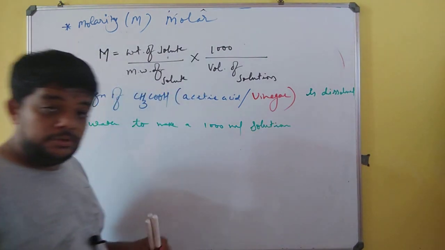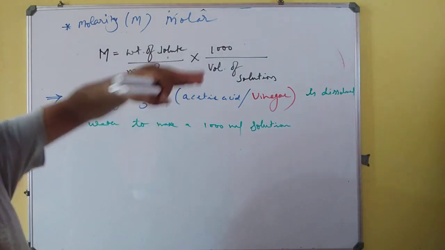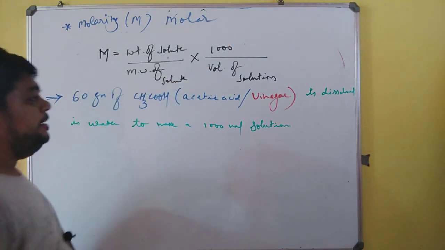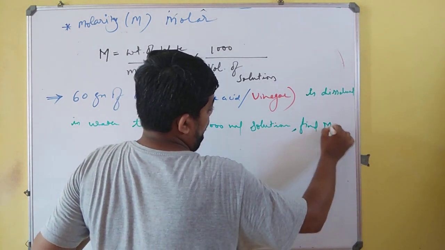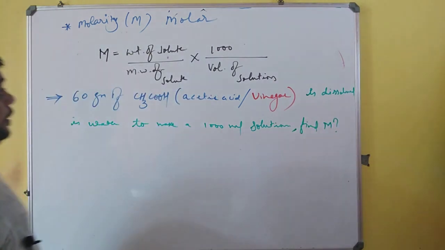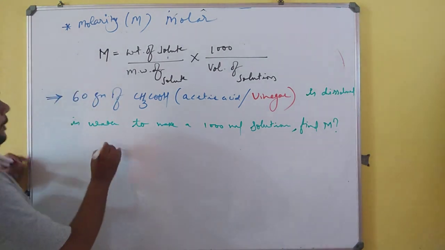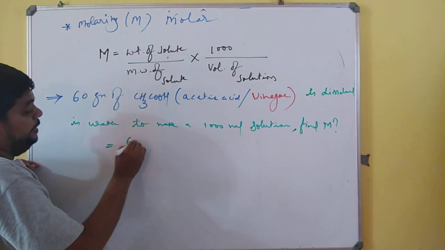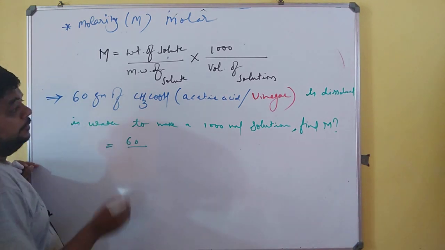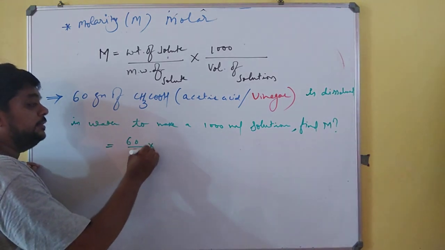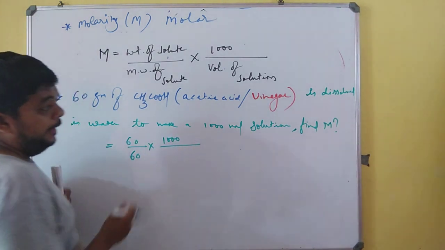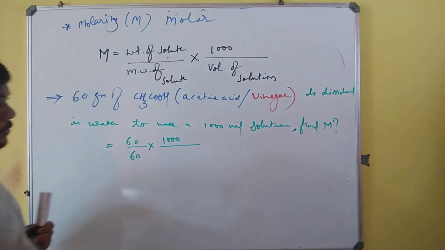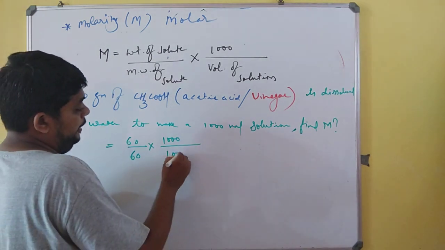That is the total volume. Find molarity. Over here, when I use this formula, weight of solute will be 60, molecular weight of solute will also be 60, multiplied by 1000, and volume of solution would again be 1000.